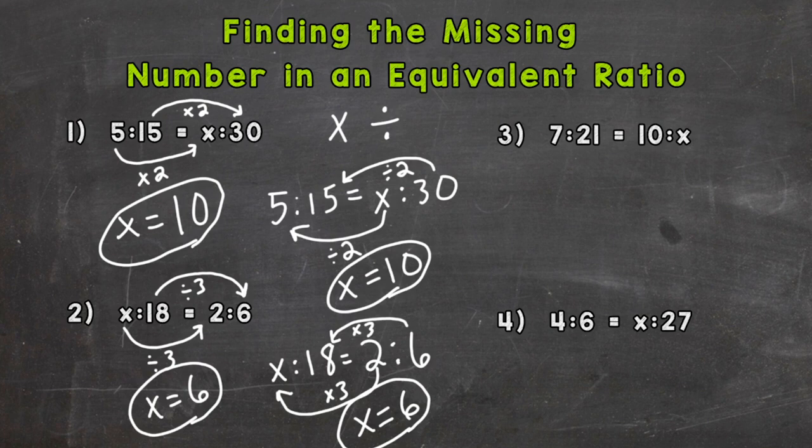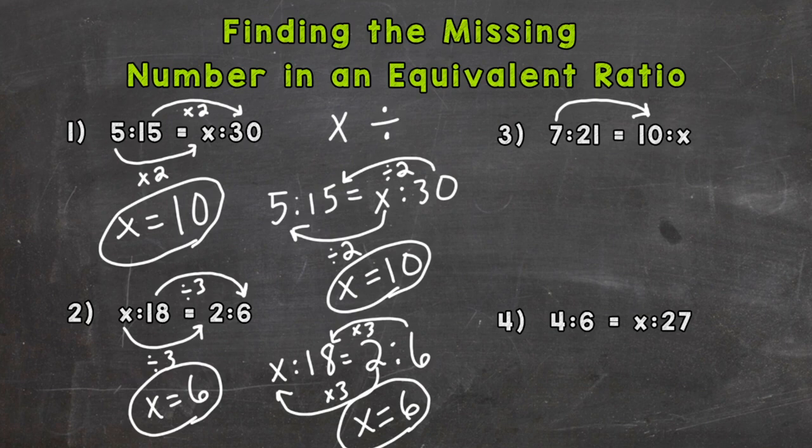Now number 3 and 4 are a little different. They take an extra step here and you'll see why. So number 3, 7 to 21 equals 10 to x. So let's take a look at what we're given. How do we make 7 equal 10 using multiplication or division?